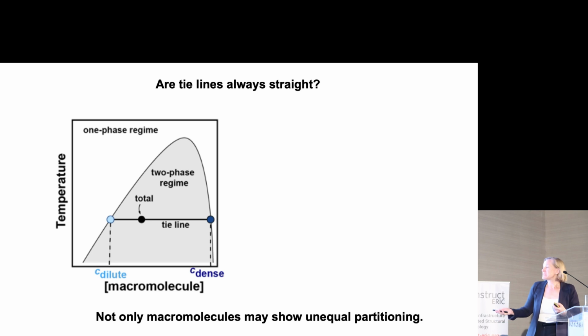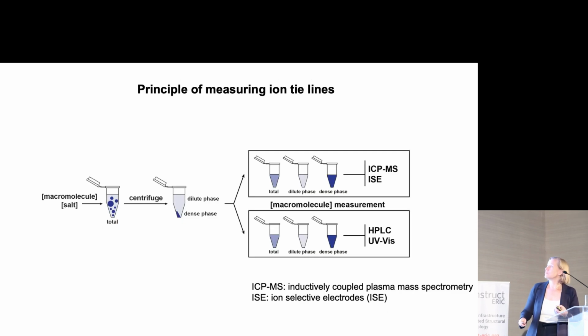And it's actually to be expected that not only macromolecules may show unequal partitioning between dilute and dense phase. If you have charged macromolecules, you might have uneven ion partitioning in dilute and dense phases. This has been basically ignored in the field, also because it's difficult to measure. So we teamed up with Rohit again to do some measurements on this.